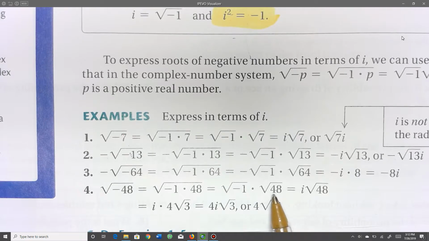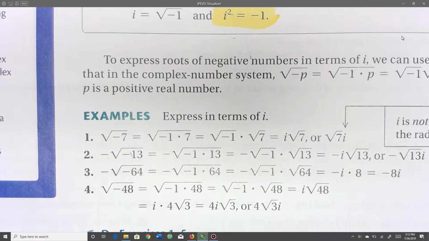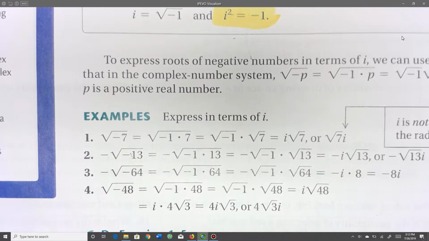You need to find the factors of 48 and get any perfect squares outside of the radical sign. Now this is the simplified version. Don't use this one; use this form instead. Okay? And moving on.